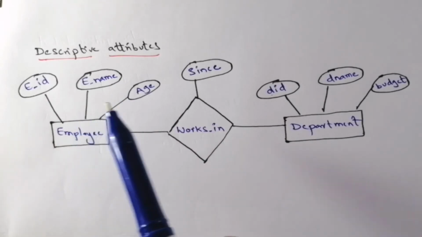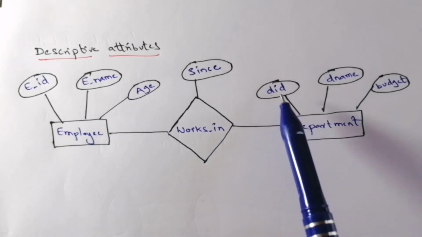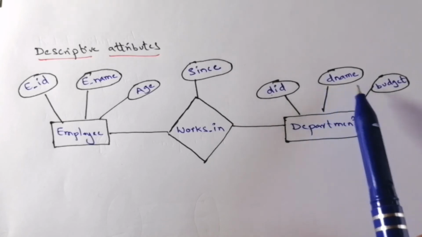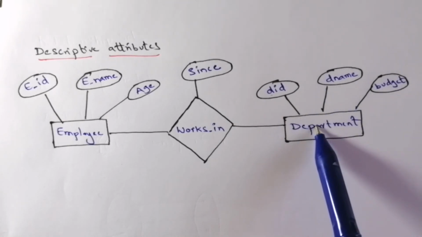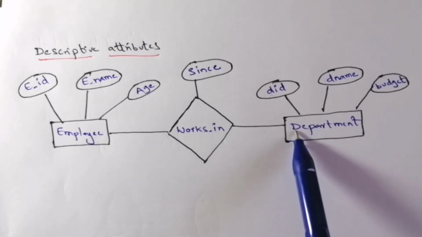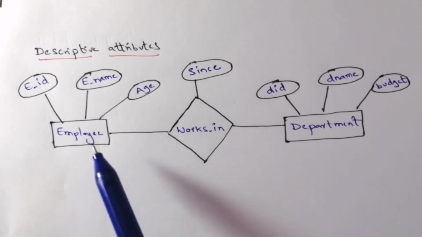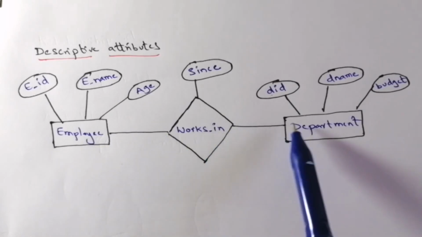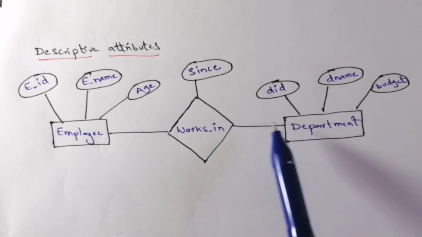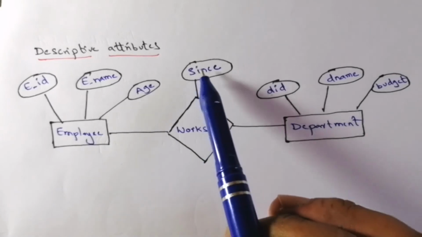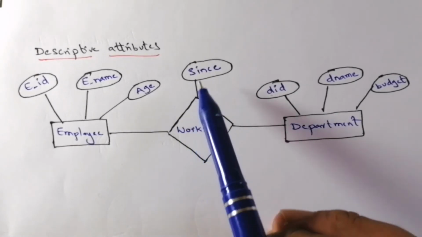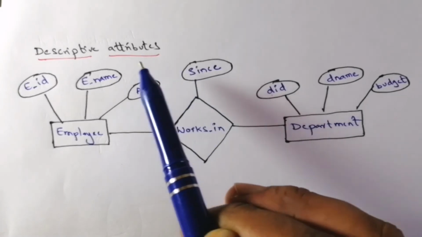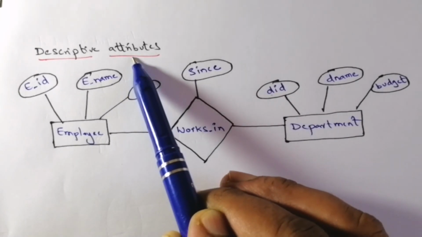In the same way, department has department ID, department name and budget, so those are part of the department entity. Now these two participate in a relationship, that is, works in. An employee works in a particular department. This relationship has an attribute, which is a special case. If a relationship has an attribute, then that attribute is called a descriptive attribute.